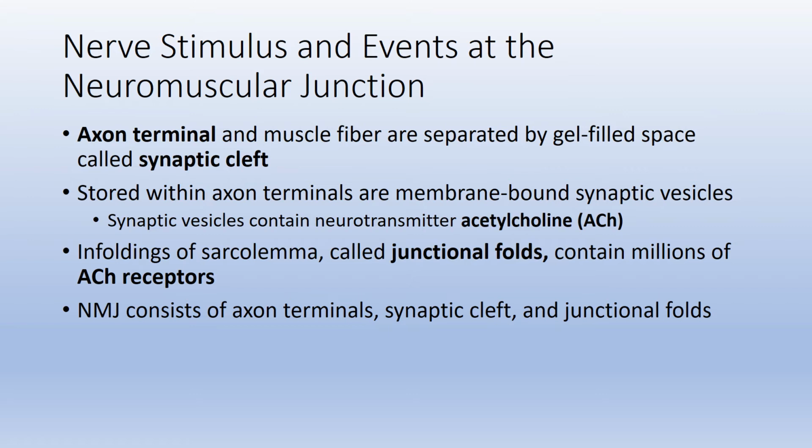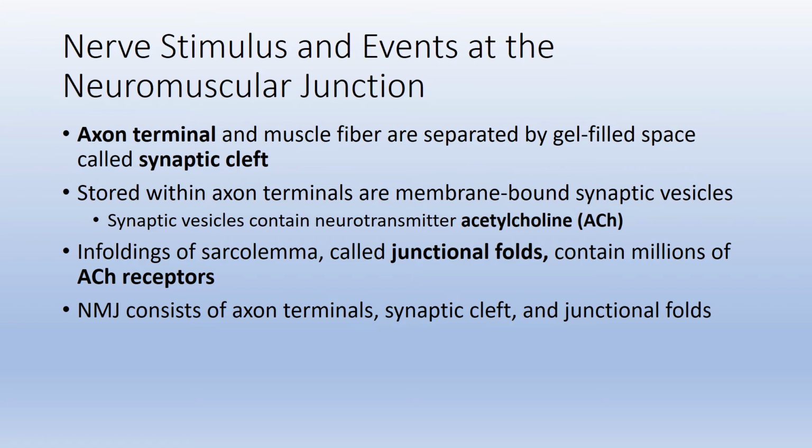There is a little space in between the two structures, known as the synaptic cleft. In each of those axon terminals before the cleft, we find synaptic vesicles, little bubbles that contain a neurotransmitter known as acetylcholine. You will see it listed as ACh from here on out.